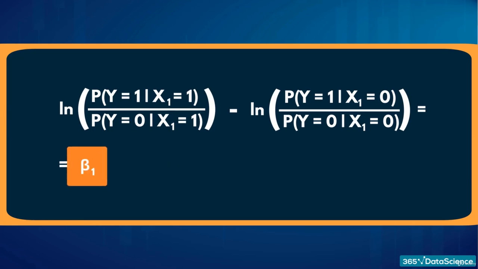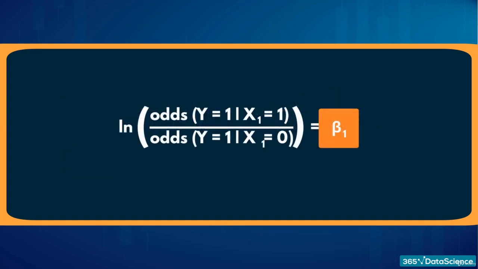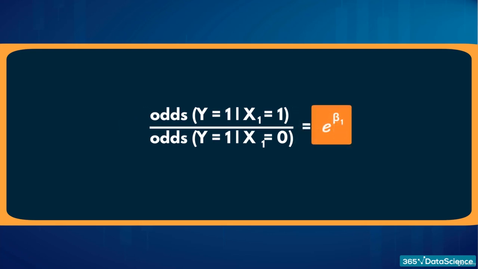You probably remember that the difference of two logarithms of two numbers equals the logarithm of the ratio of these two numbers. So the logarithm of the ratio of odds of the two observations equals beta 1. Okay, now let's take the exponential of both sides. On the left-hand side, an exponent raised to the power of a logarithm with a base of an exponent equals the argument of the logarithm.